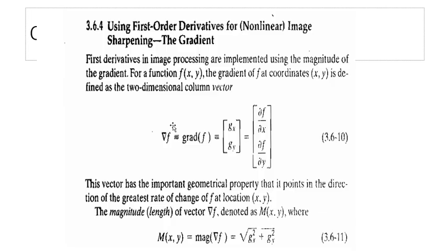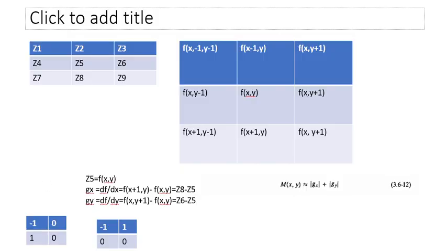Delta f is equal to the gradient of f, that is gx and gy, represented by dou f divided by dou x and dou f divided by dou y. Next we find the magnitude of the vector, m of x comma y, equal to the magnitude of delta f, which is the square root of gx square plus gy square. This we have already discussed.